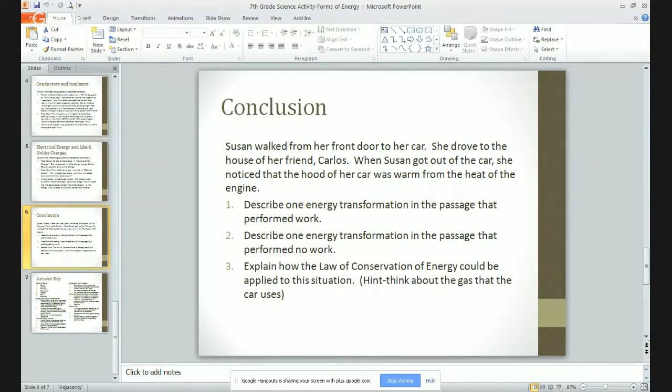The gas doesn't just disappear, even though you use the gasoline and the gasoline in the gas tank goes down. It appears at first glance that you're using up this energy and it's going away. But what's happening is that gasoline is being transferred into a different form of energy. So the energy isn't going away. The energy stored in the gas just gets converted into another type of energy.